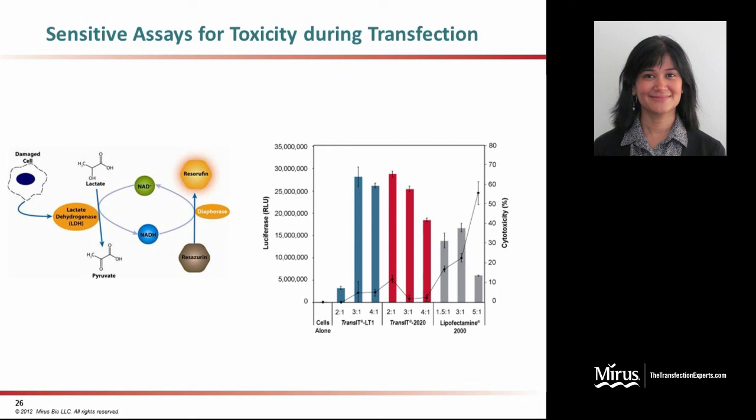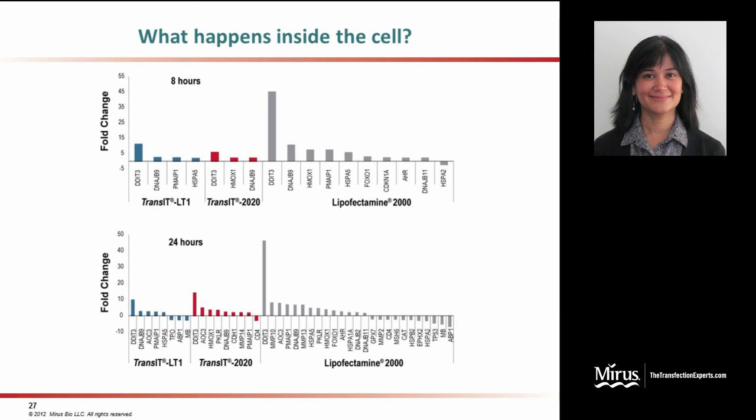However, with liposomal formulations such as Lipofectamine 2000, the expression of luciferase is twofold lower, at least, and also the levels of toxicity are very high, close to 60% compared to less than 10% with the LT1 and 2020 formulations. With these gross effects on morphology, viability, and membrane leakiness, one wonders what really happens inside the cell. What causes the cells to look so sick or vice versa?